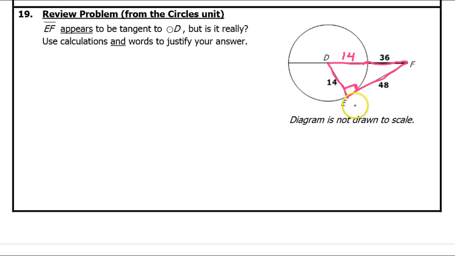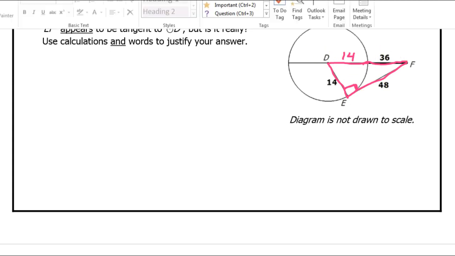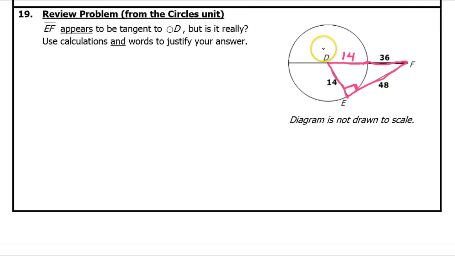So how do we prove if this is a right triangle or not? Let's see if it fits the Pythagorean theorem. Does leg squared plus leg squared equal the hypotenuse squared? Before we get too carried away, what is the hypotenuse? Looks like that's 50.